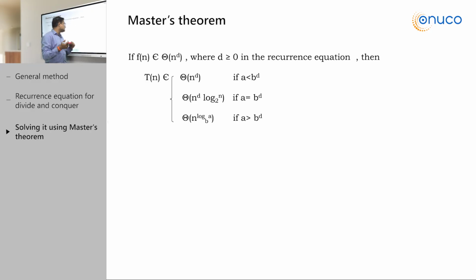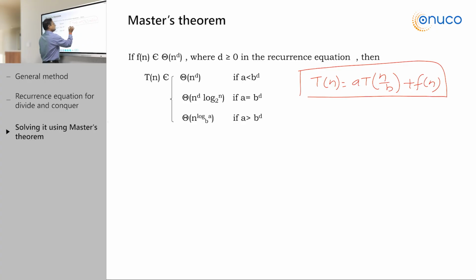Your recurrence relation must be in the standard form, a T of n by b plus f of n. What we learned in the previous topic, T of n is equal to a T of n by b plus f of n. Then only you can apply Master Theorem.